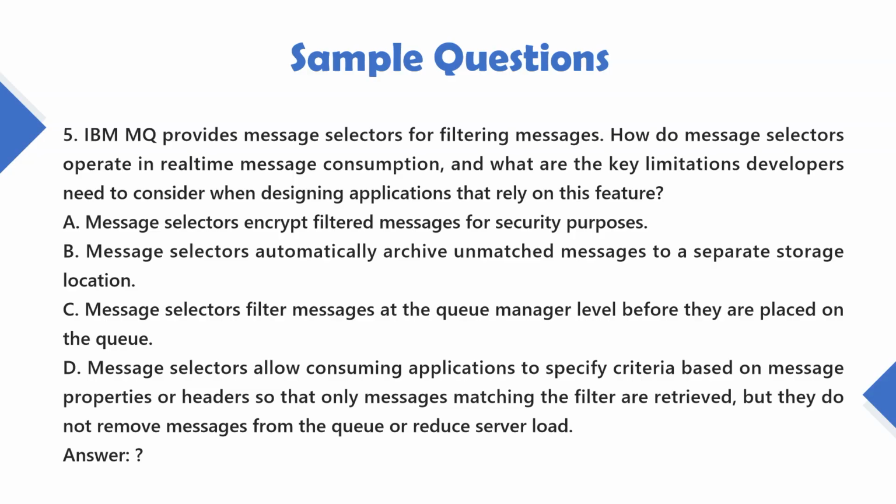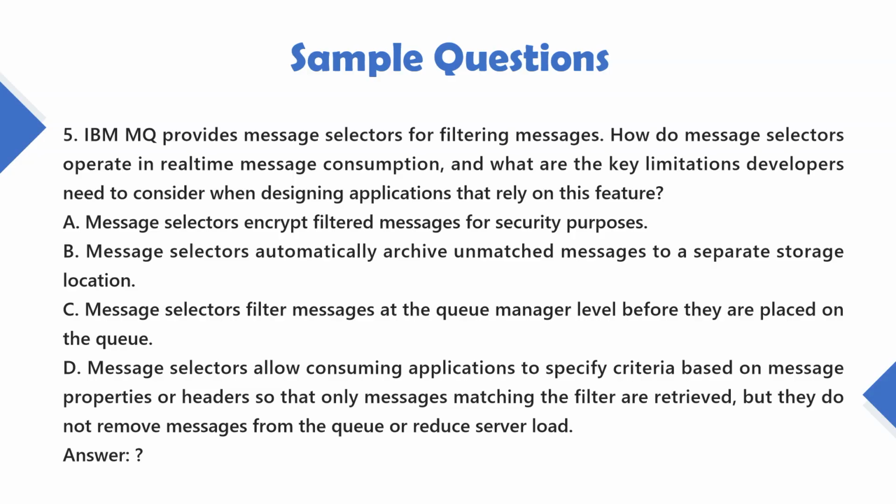5. IBM MQ provides message selectors for filtering messages. How do message selectors operate in real-time message consumption? And what are the key limitations developers need to consider when designing applications that rely on this feature? A. Message selectors encrypt filtered messages for security purposes. B. Message selectors automatically archive unmatched messages to a separate storage location.